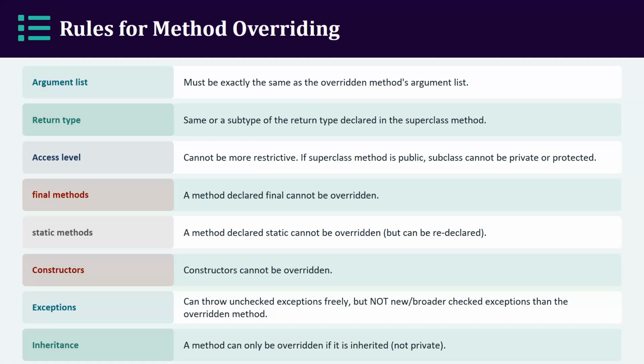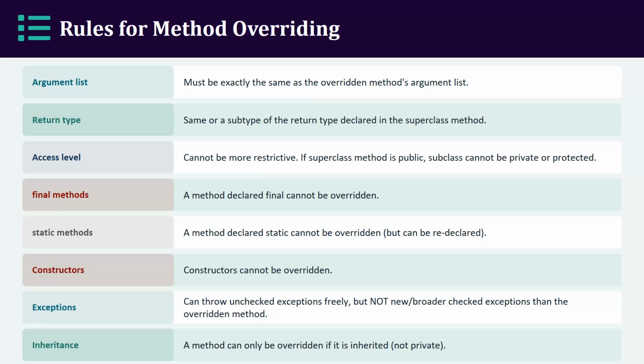We talk about the access levels. They cannot be more restrictive, so we can use public, but the subclass cannot be private or protected. So you normally have to use public to allow them to be accessed.